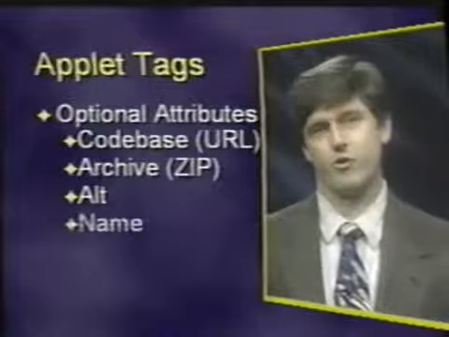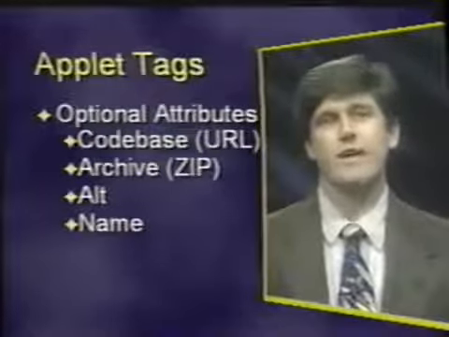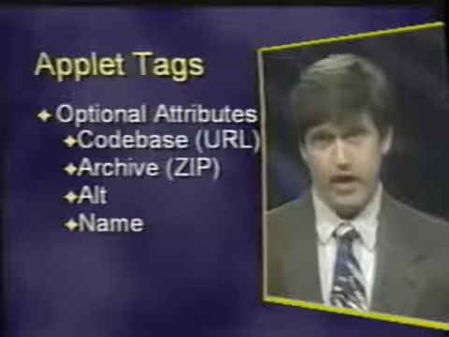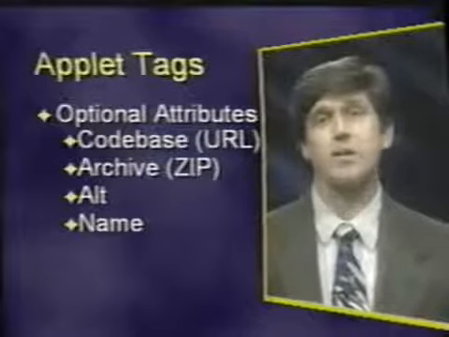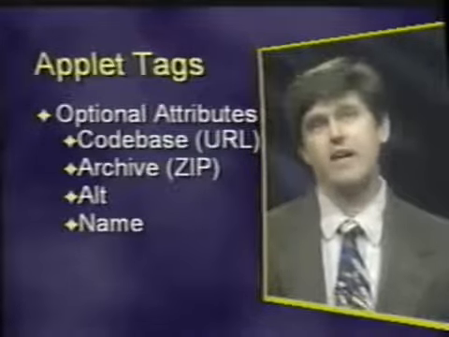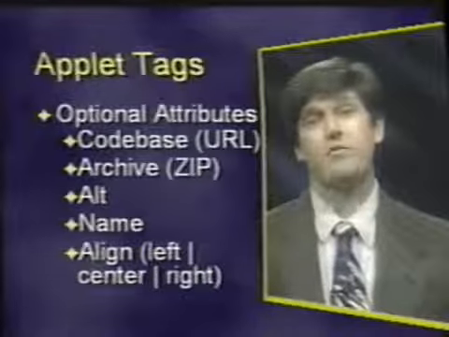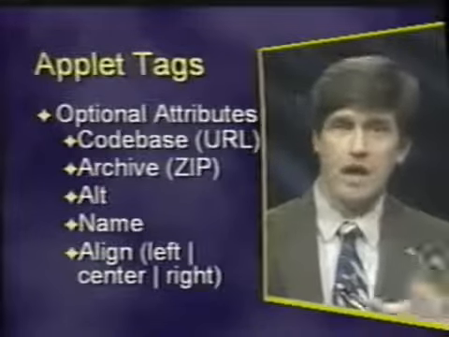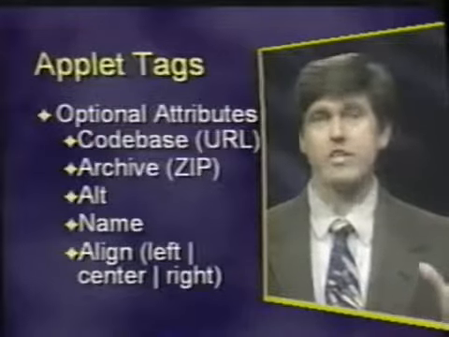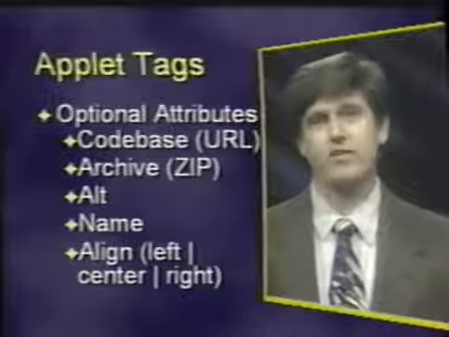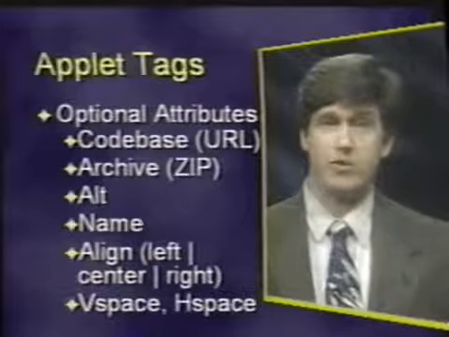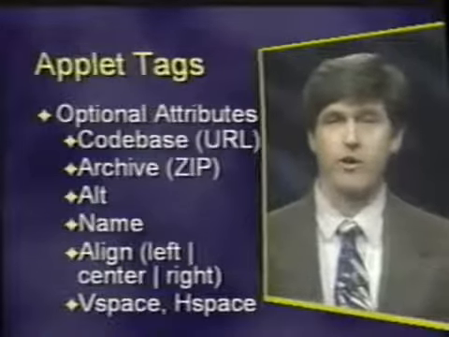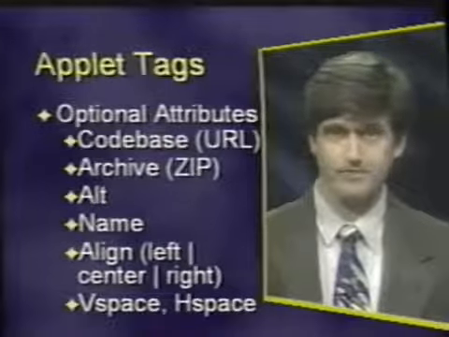The name attribute is used for giving a unique identifying name to an applet so that you can have applet-to-applet communication. And finally, we have some alignment attributes. There's align, which can be either left, center, or right, which helps align the surrounding HTML elements with the applet. And there's a vspace and hspace attribute, which allow you to control the vertical and horizontal space around it.